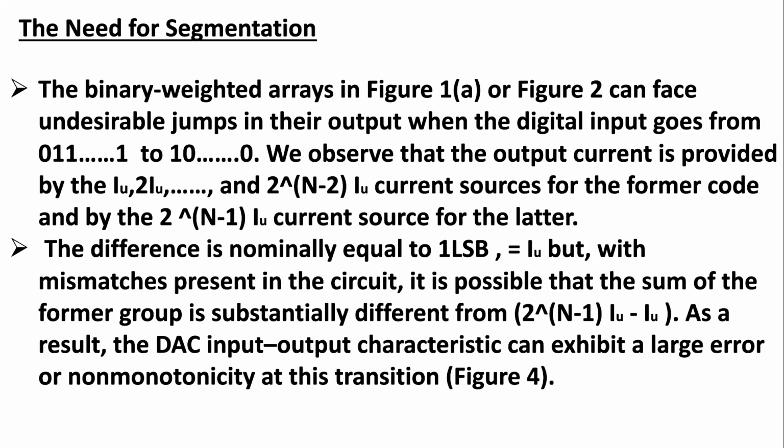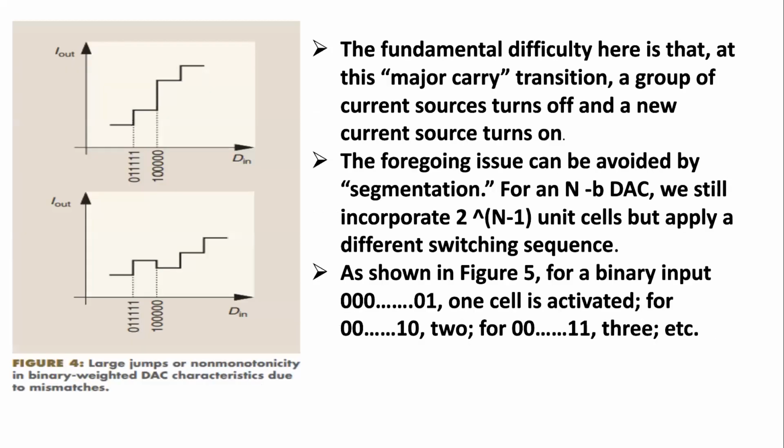The difference is nominally equal to 1 LSB, or IU, but with mismatches present in the circuit, it is possible that the sum of the former group is substantially different from 2 to the power of n minus 1 IU minus IU. As a result, the DAC input-output characteristics can exhibit a large error or a nonmonotonic transition.